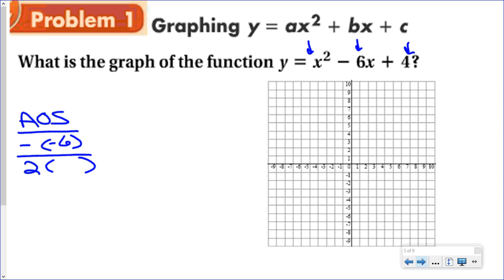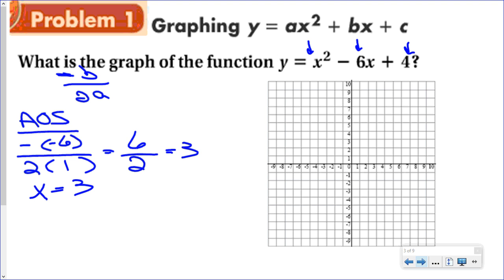Now from the original formula, minus B over 2A, there's a negative here to start off with, and then there's another negative on that 6. So in other words, two negatives is going to equal a positive 6 over. And our A value is the number in front of x squared, which is a 1. Okay, and we simplify this down here. 6 over 2 reduces to 3. So in other words, your axis of symmetry is the equation x equals 3. And that's going to be the dead center of your graph, guys.